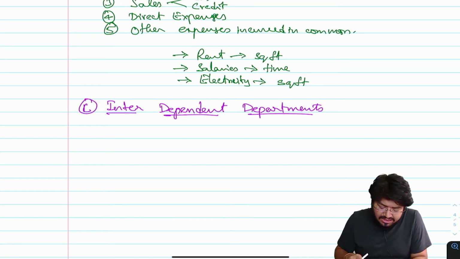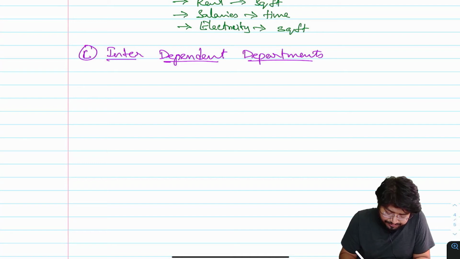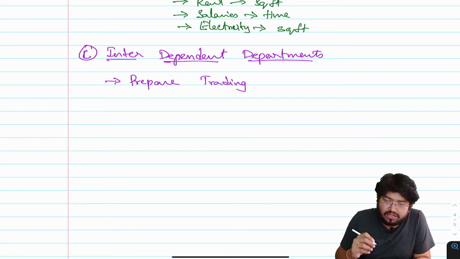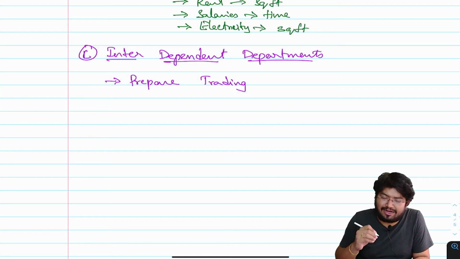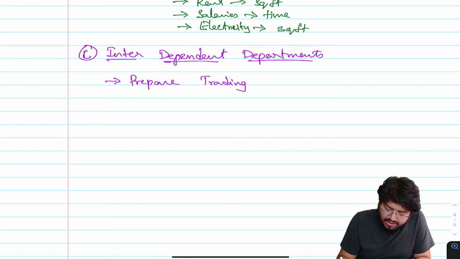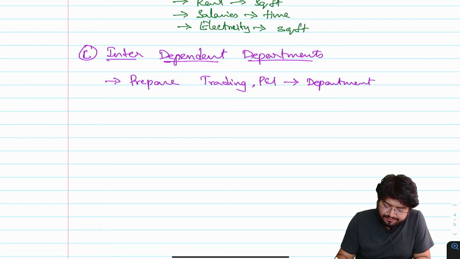In this case, you would prepare trading P&L or your trading account. In fact, you would prepare your department account only. Trading P&L account would be prepared for each department along with transfers.